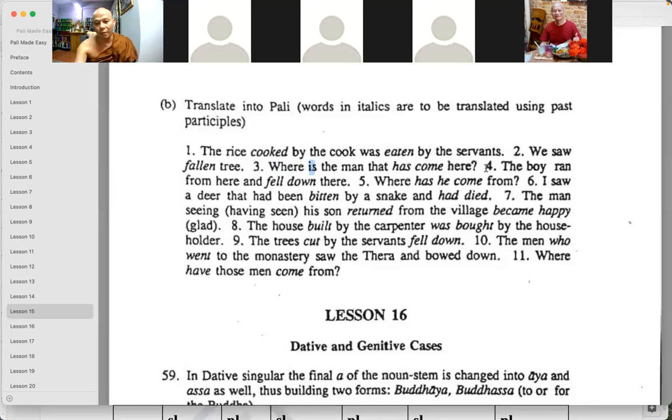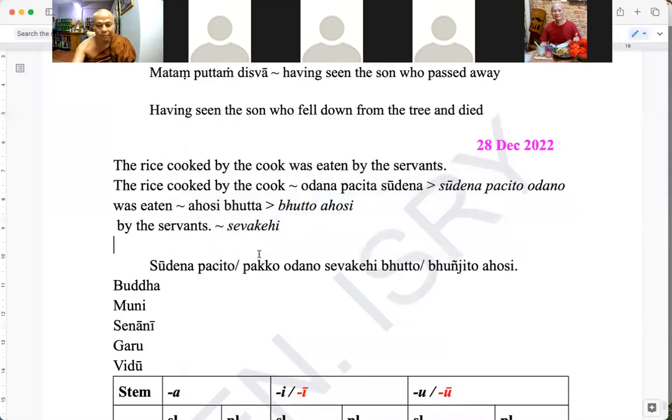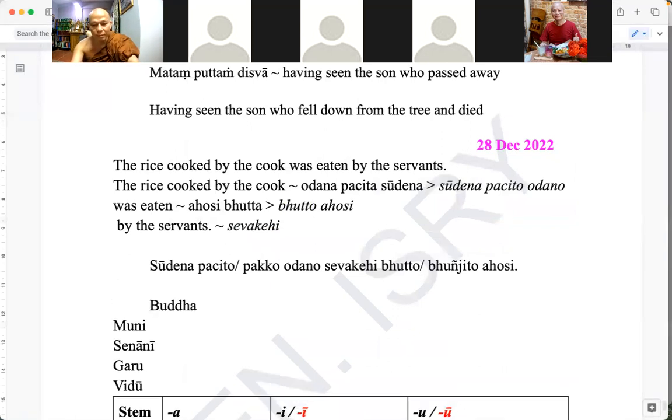Okay, and now number 4. Sorry, Bante, for number 3, could you please write it down, please? So kuhe means where, and ida means here, and agato means that has come.